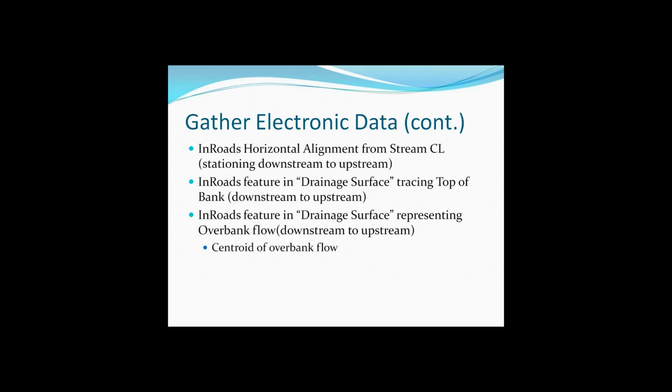The other thing you have to do is bring in a top of bank feature, and so that will be a graphical feature that's imported into the surface, and that also has to be drawn from downstream to upstream. And then the last thing you have to do in InRoads there is to create an overbank feature.